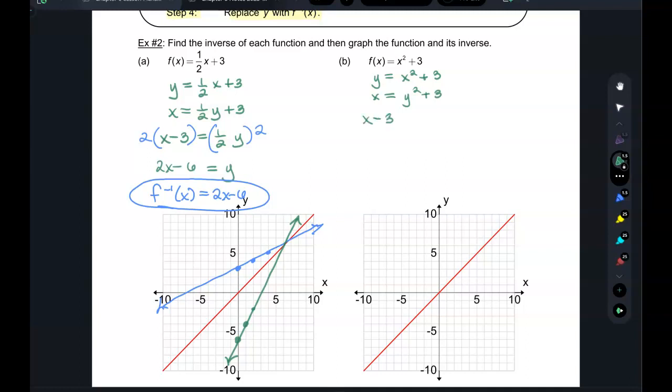Okay, so I'm going to subtract 3, equals y squared. And then we're going to take the square root of both sides. Now, this means I get plus or minus the square root of x minus 3 is equal to y. Or f inverse of x is positive and negative square root of x minus 3.